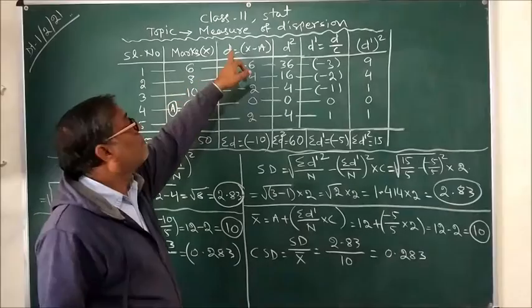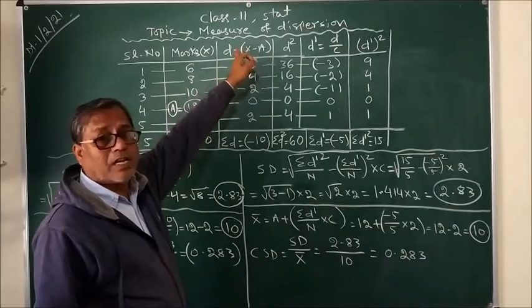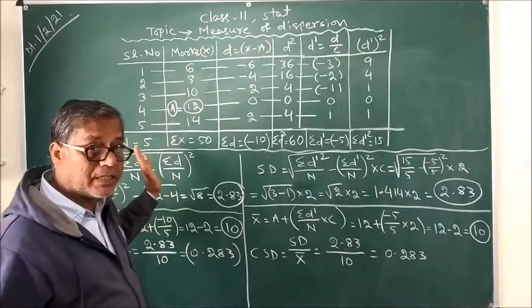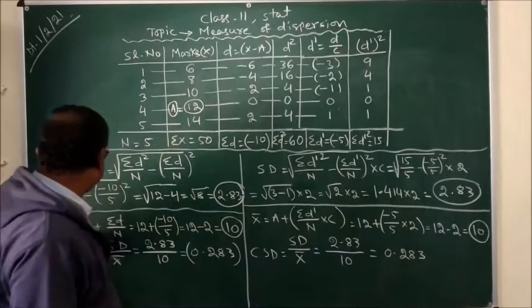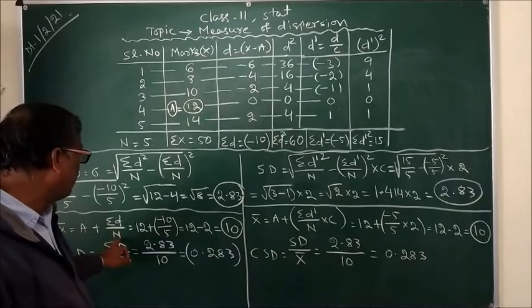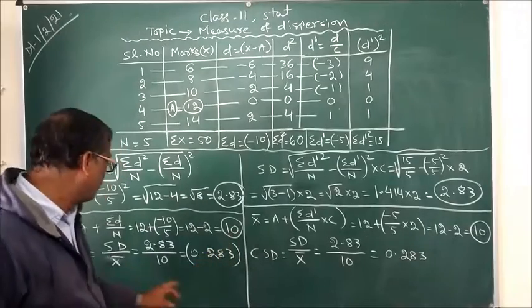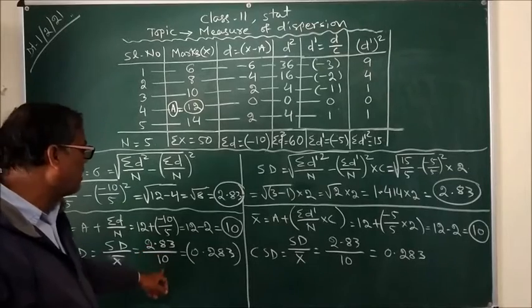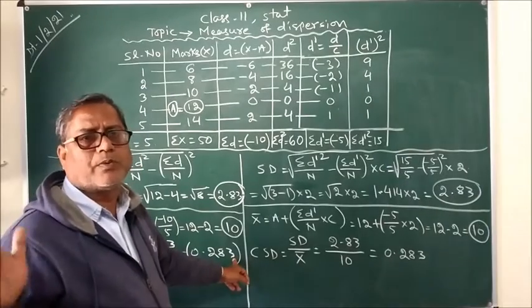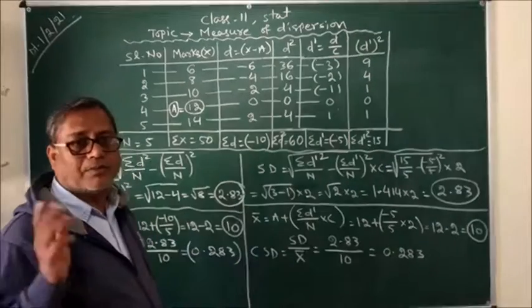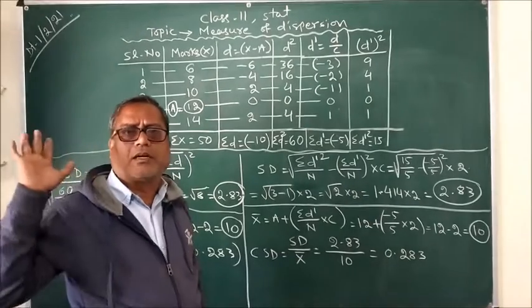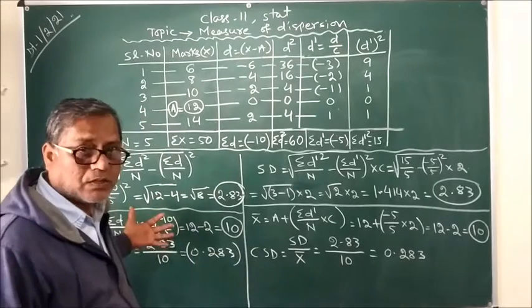In the shortcut method, d is the deviation of a value from the assumed mean, not the actual mean. We calculated using a plus summation d upon n, and the actual mean is 10. So simply 2.83 divided by 10 equals 0.283, the relative measure of dispersion, that is coefficient of standard deviation. This is how we calculate standard deviation and coefficient of standard deviation using the shortcut method.